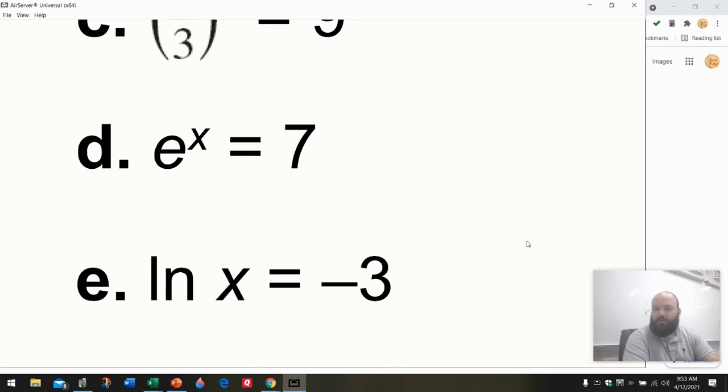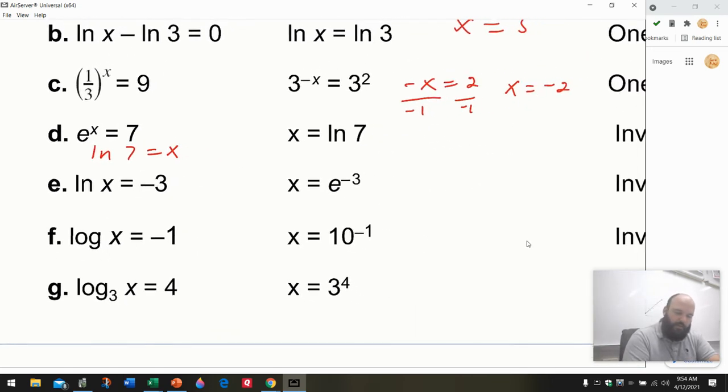That very first property told us that the base of the power becomes the base of the log, and then the other two parts switch. So what we end up with is natural log, because this is log base e, of 7 equals x. So I took something that was in exponential form and rewrote it into logarithmic form, and we have our solution. That is what x will be. You can see that's right there.